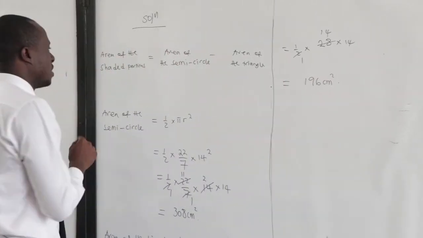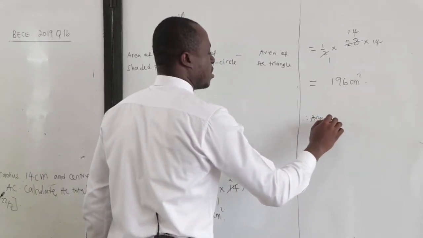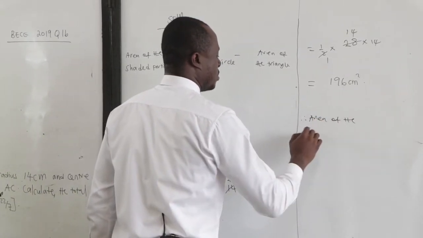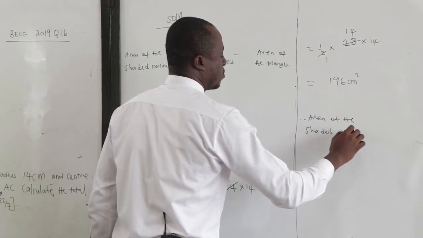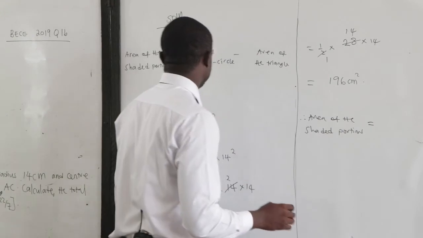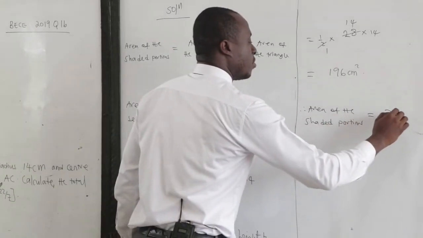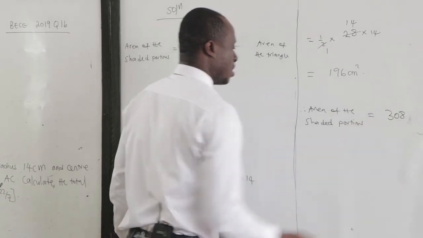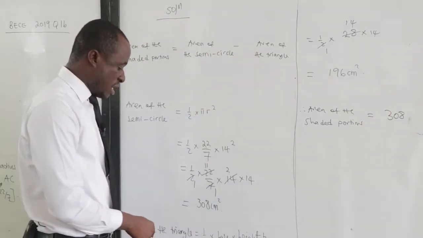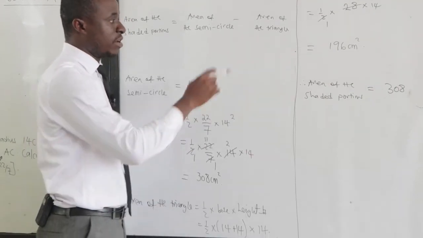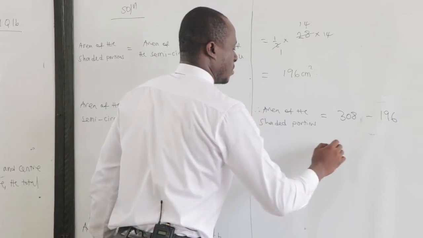Now the question says you should find the area of the shaded portion. Clearly, area of the shaded portion is equal to the area of the semicircle, which is 308, minus the area of the triangle, which is 196.